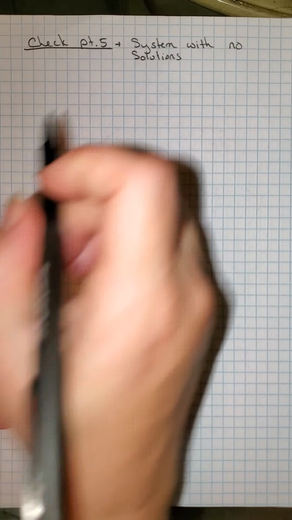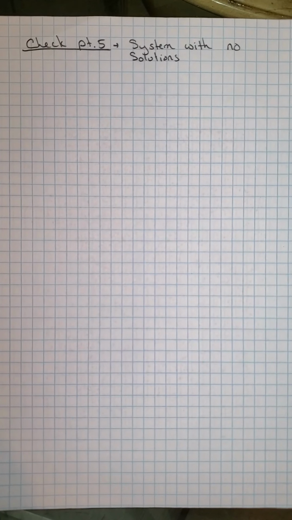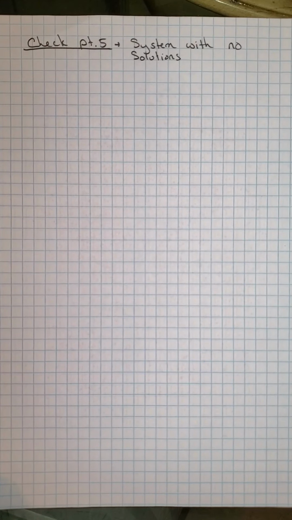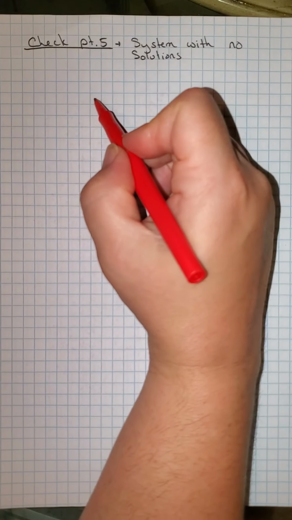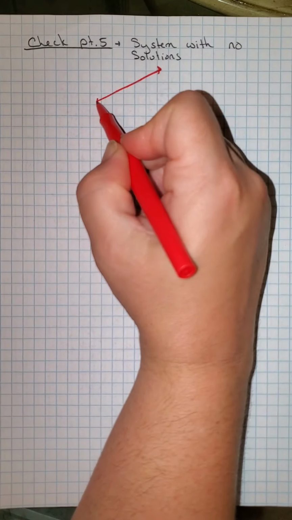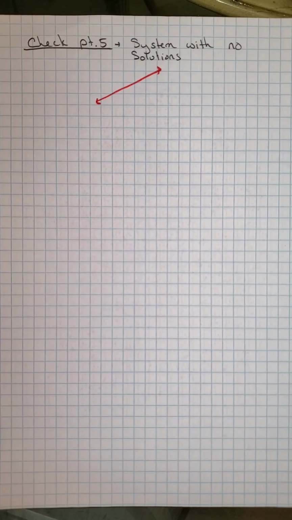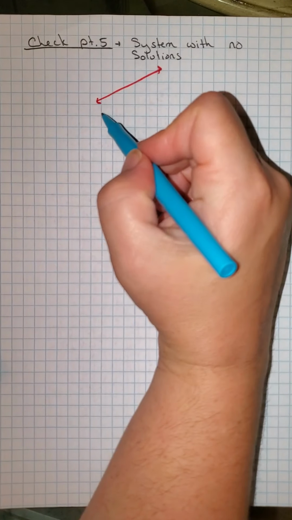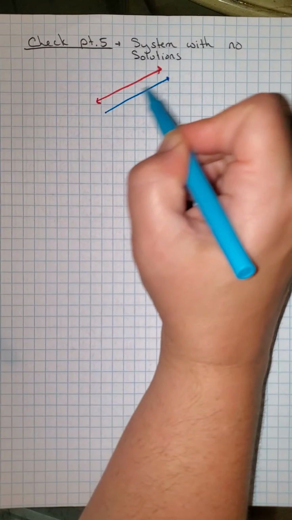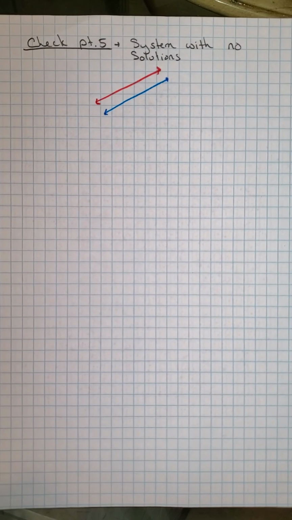Okay, so a system with no solutions would be if you were to graph the two lines and they end up being parallel. They'll never cross, so they never have a solution.